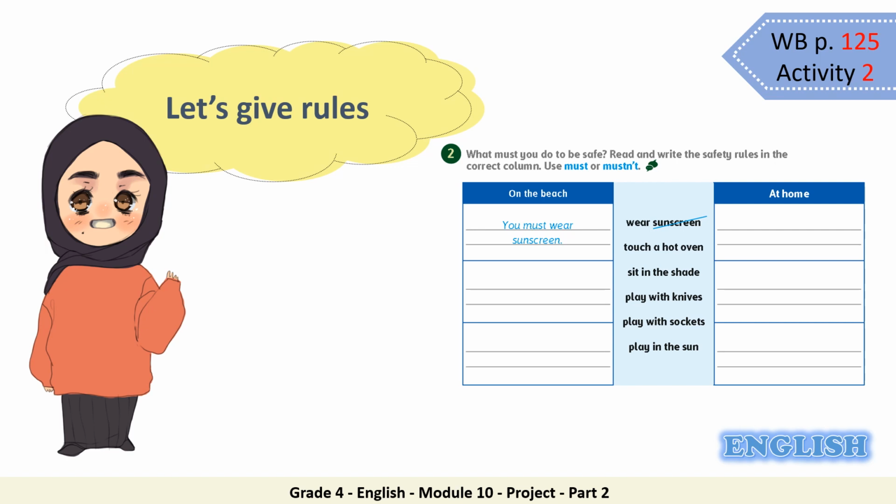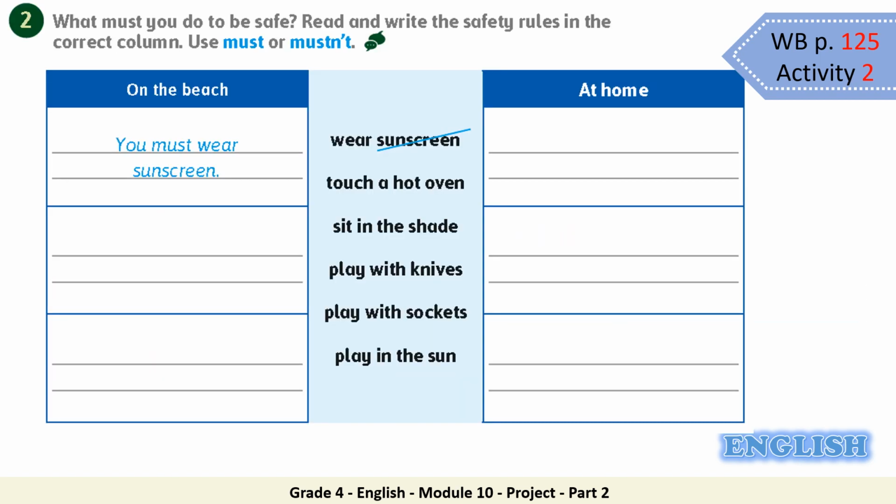Now let's give rules. Please refer to workbook page 125, Activity 2. Activity 2. What must you do to be safe? Read and write the safety rules in the correct column. Use must or mustn't. Now, we are going to classify the phrases in the middle, whether they apply on the beach or at home.